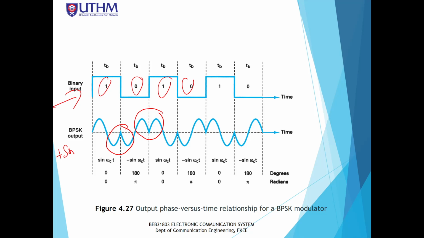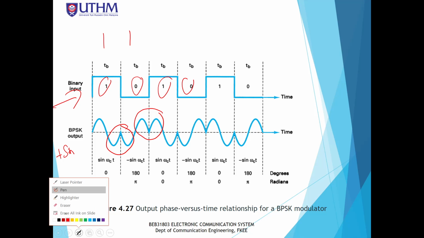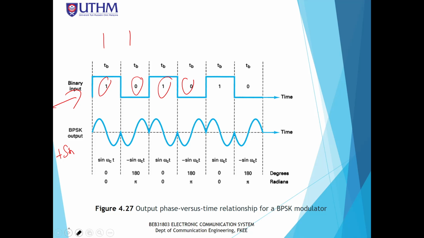Okey, kalau tidak ada perubahan fasa, katalah di sini adalah 1 1. Okey, so bermakna pada output, katalah inputnya adalah 1 di sini. So that means this signal will be positive sign.